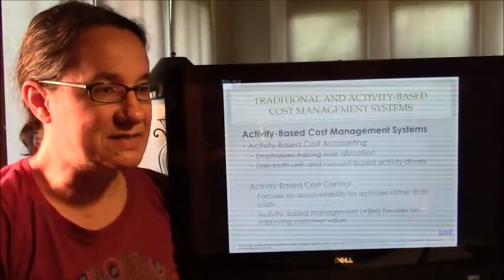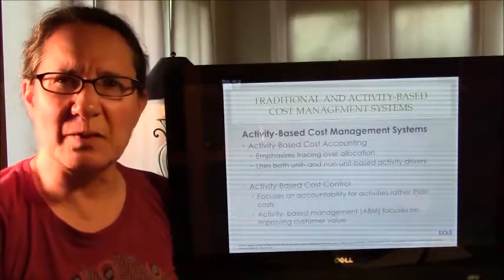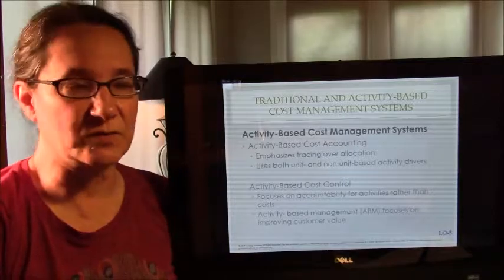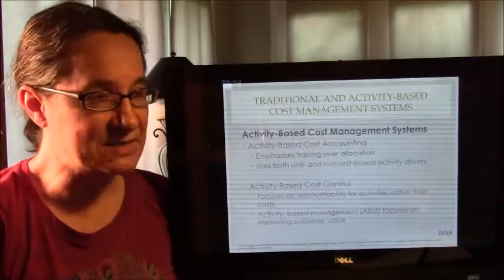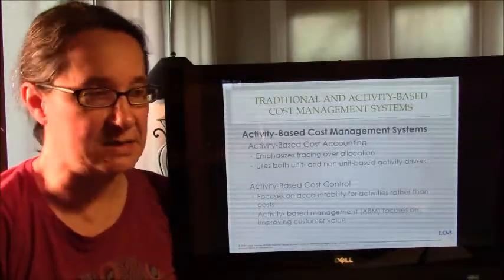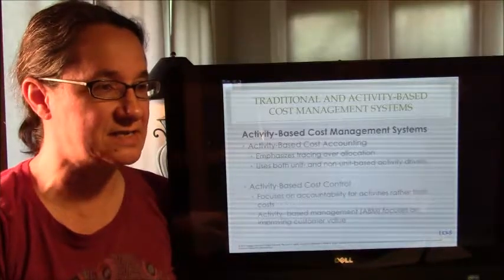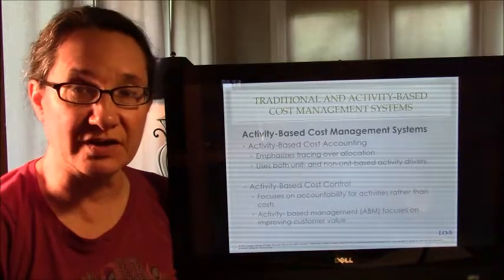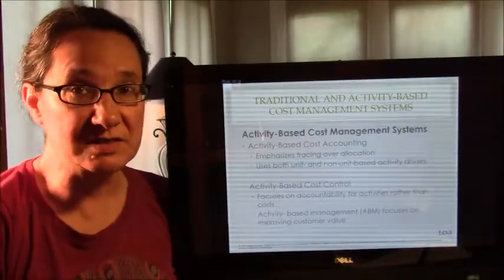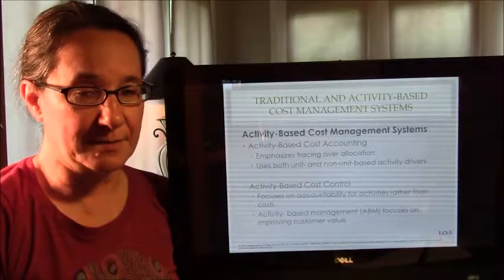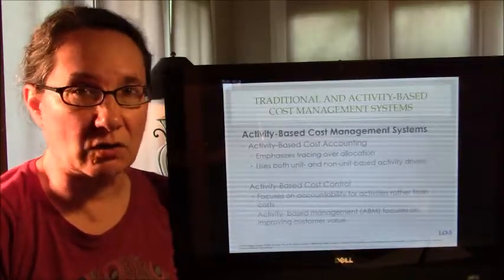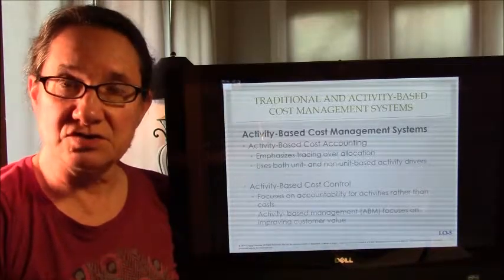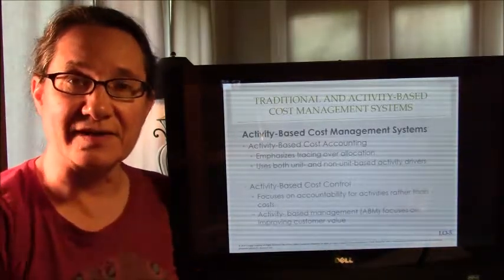Then there's this ABC cost management system. So you've probably heard of this. This should have been something you learned a little bit about in 2302. Activity-based costing, which we'll refer to as ABC, emphasizes tracing over allocation. So activity-based costing really came into vogue when we got these big enterprise resource planning software systems, these ERPs, like SAP, like Oracle, and it made it really easier to trace every little thing that was happening.